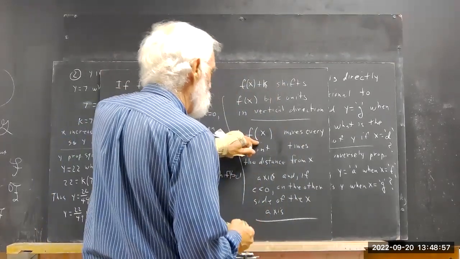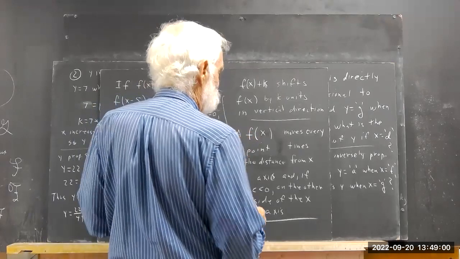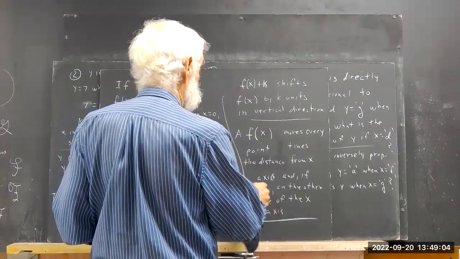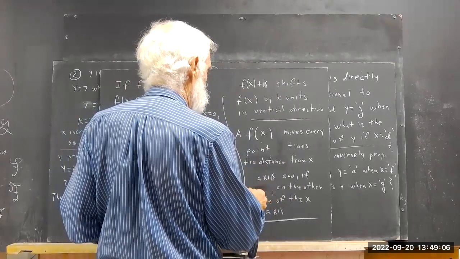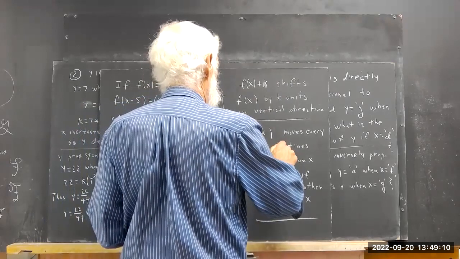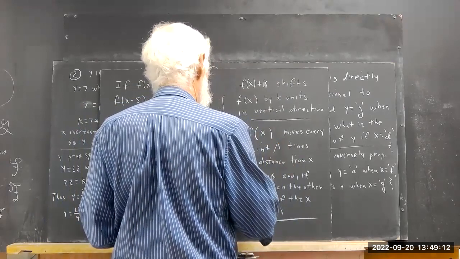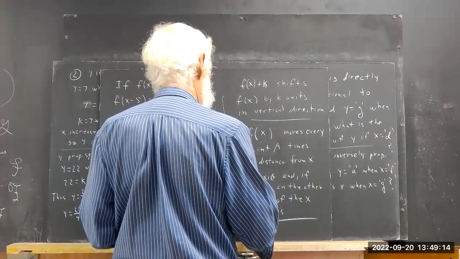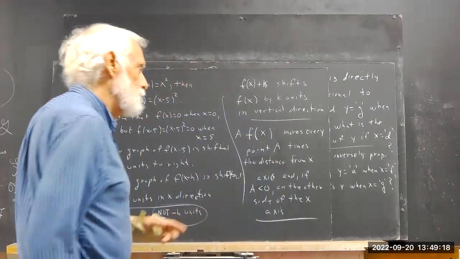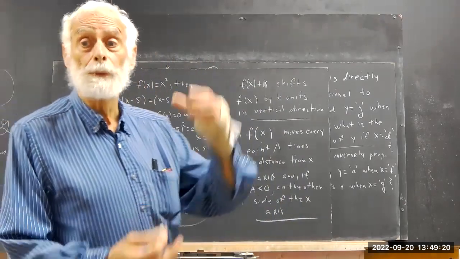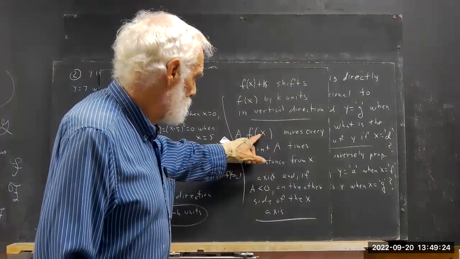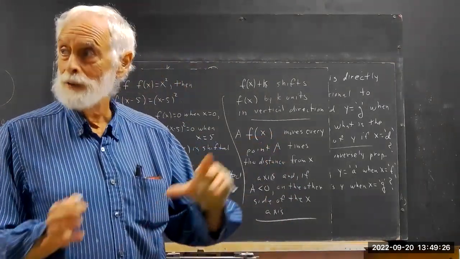You're multiplying the y value by a. You're not multiplying x by a. I'm sorry about the confusion. What I'm talking about is what happens to y. So forget what I said about cx. This is a times f of x.